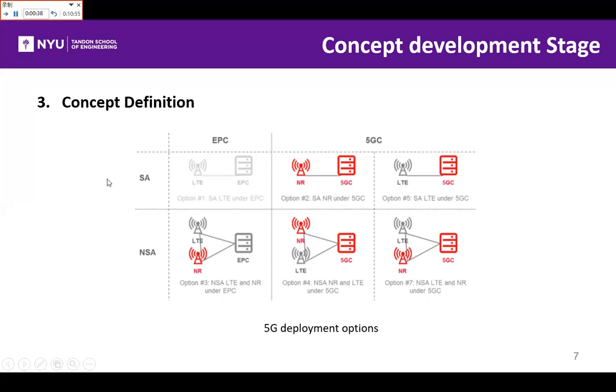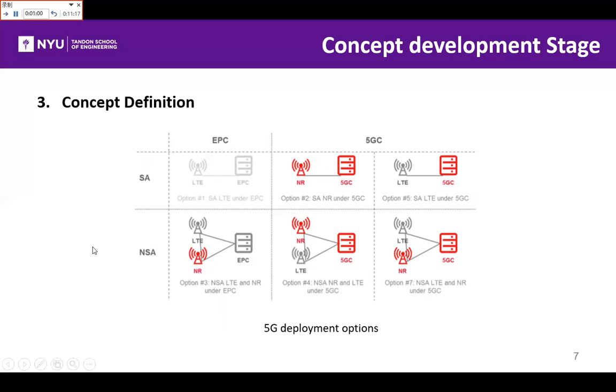And if we choose SA as our radio access subsystem, the core system has to be 5GC, because if we use LTE with EPC, that will be just the traditional 4G system.